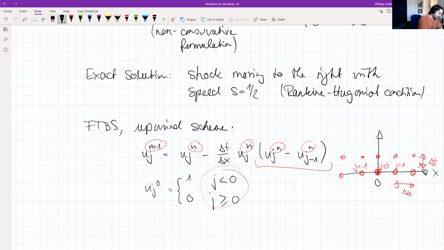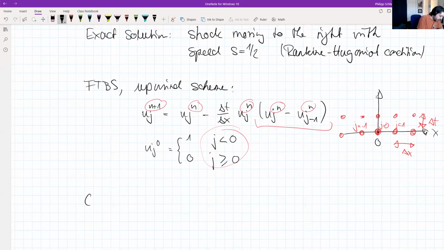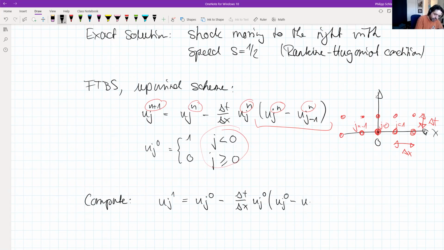Now let's play computer and do a time integration of that. Fortunately, it's very simple. I just calculate Uj1, which is Uj0 minus delta t divided by delta x, times the speed, times the difference Uj0 minus Uj minus 1, 0.